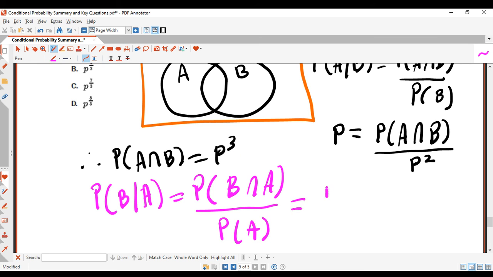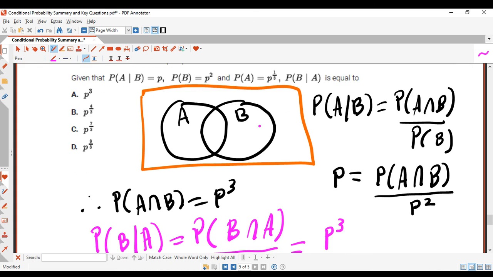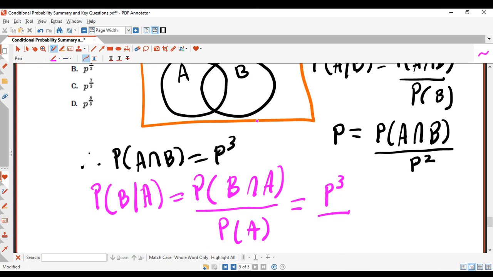It's P cubed, isn't it? So P cubed there. And in the question, they tell us that the probability of A is P to the third. And then using your index laws, that's just going to be P to the 2/3, which is D, that last one there. Okay, so that's it.